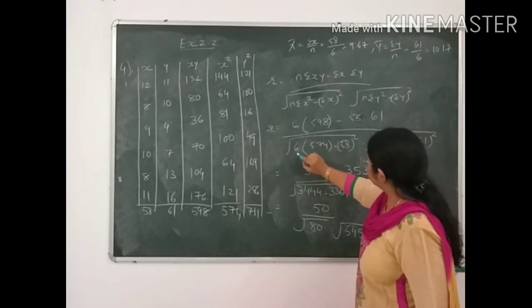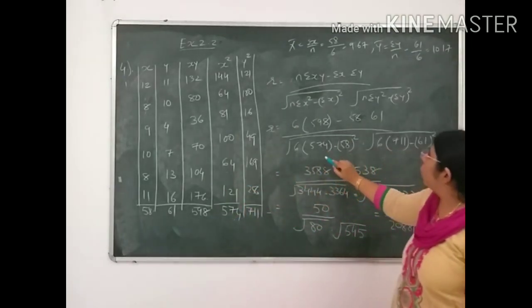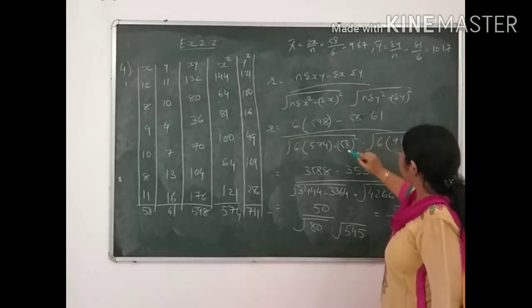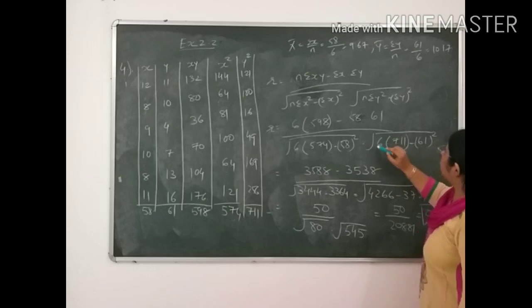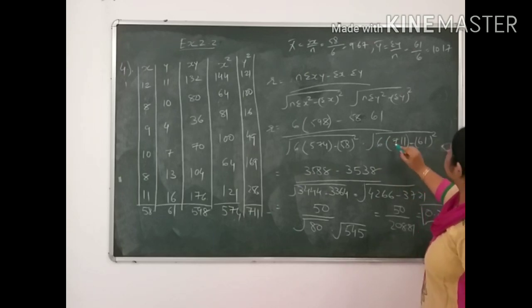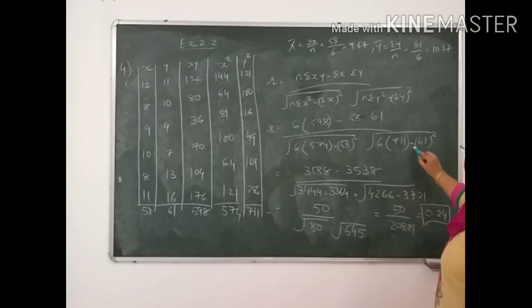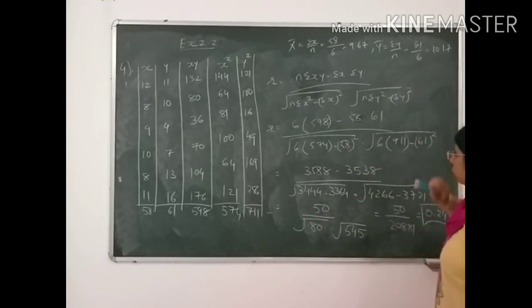N value is 6. Sigma x square that we have found out is 574, minus sigma x whole square. Sigma x means again we have to place the value, that is 58 whole square, into under root of n. N means 6. Sigma y square that we have found out is 711, minus sigma y whole square. Sigma y means 61 whole square.